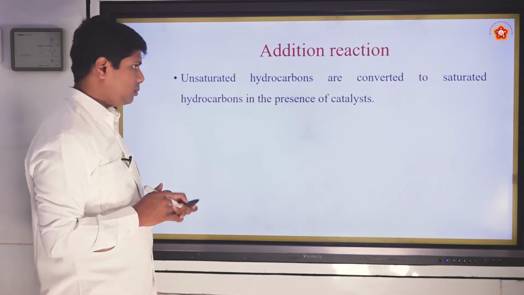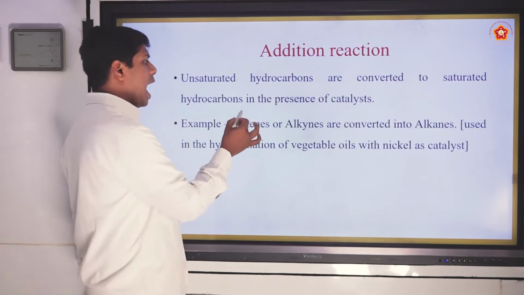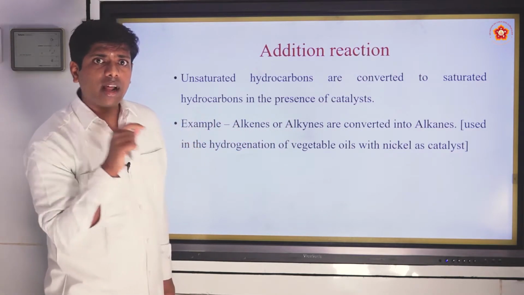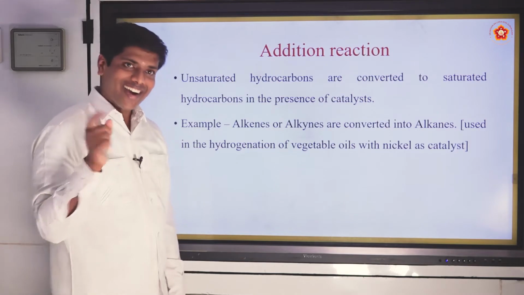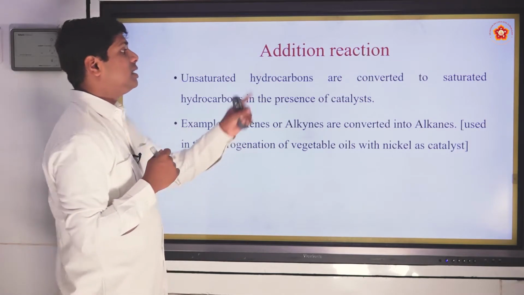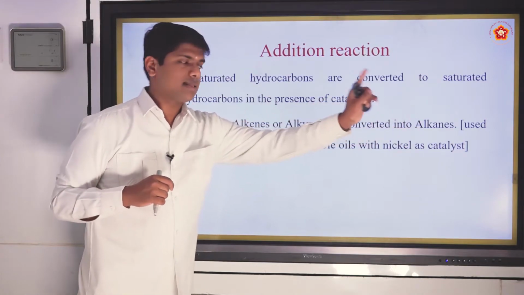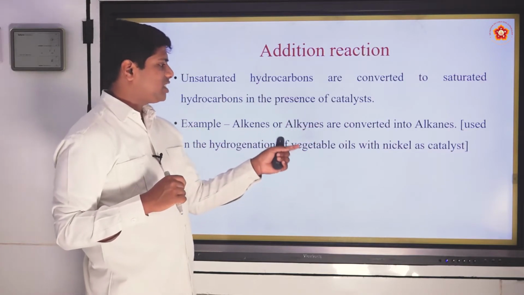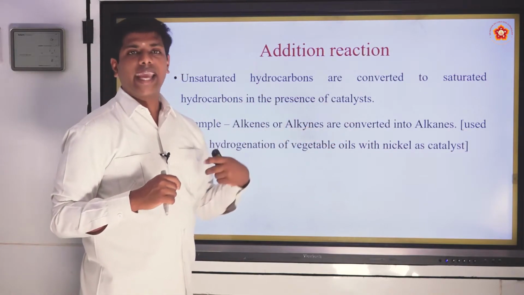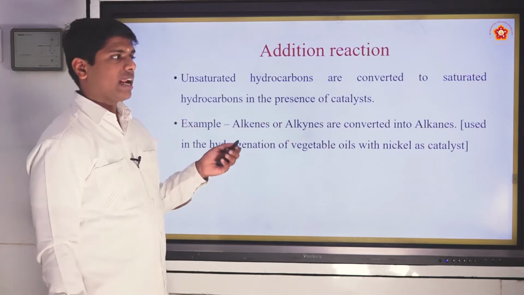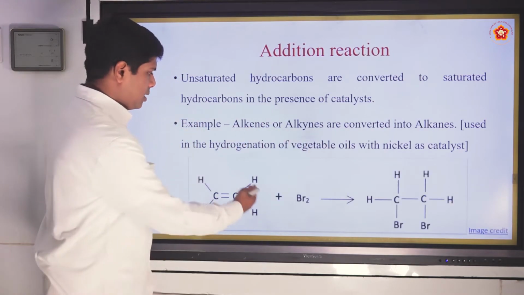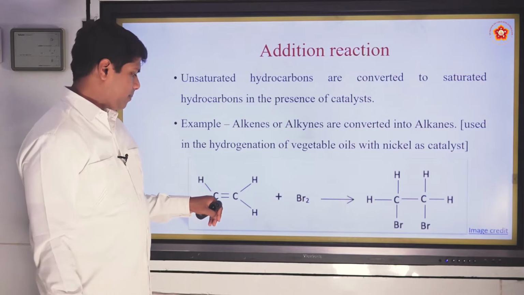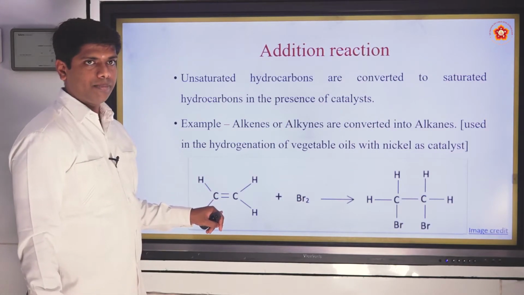Next, examples: alkenes, alkynes. Are alkenes and alkynes saturated or unsaturated compounds? Good, they are unsaturated compounds converted into alkanes, using hydrogenation of vegetable oils with nickel as catalyst. One more general example: what is this compound name?